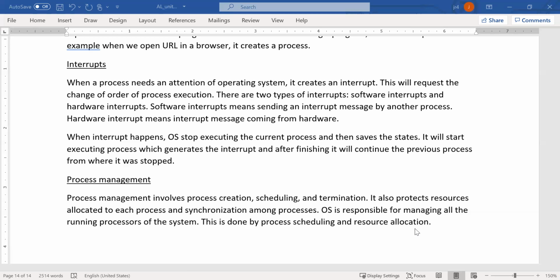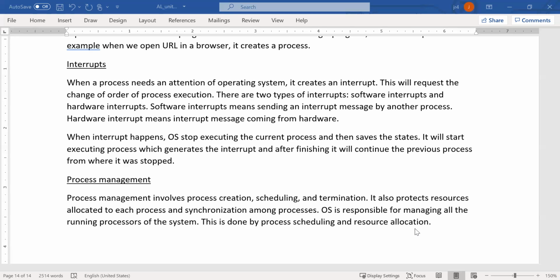If it involves sharing some place, you have to share the same values. Then operating system manages all the running processes of the system, so it is responsible for running all these, and it does this using scheduling and resource allocation.